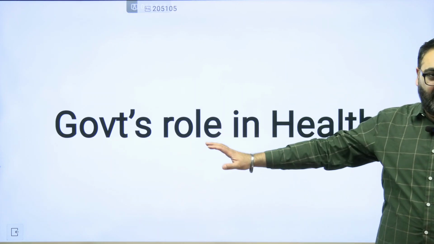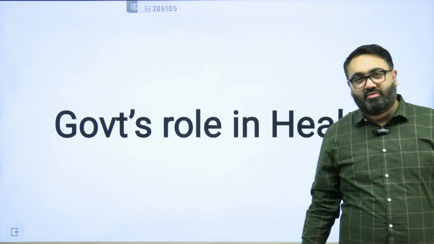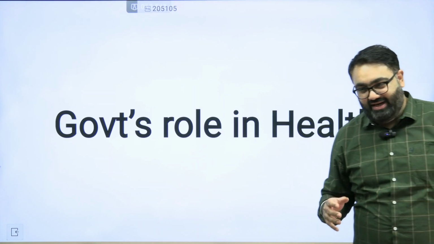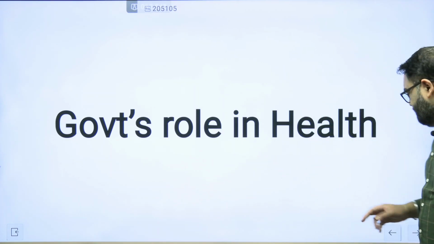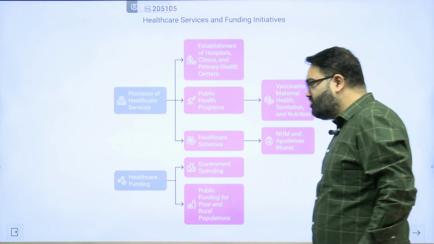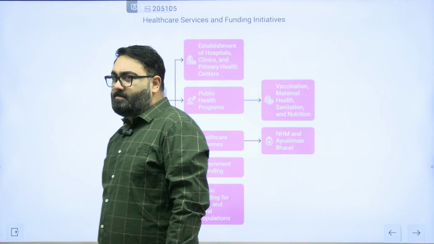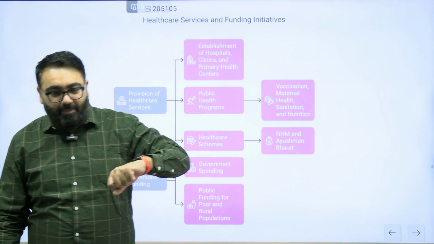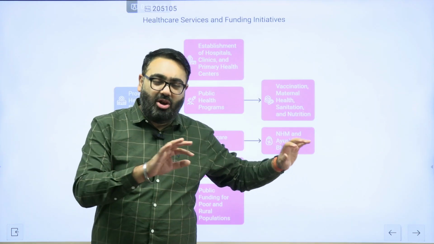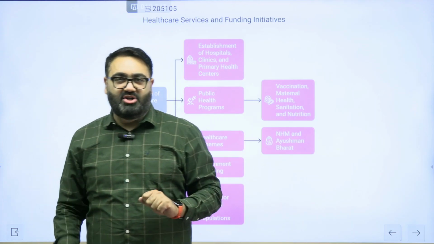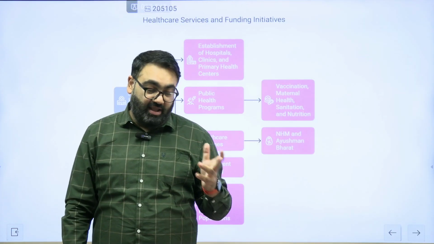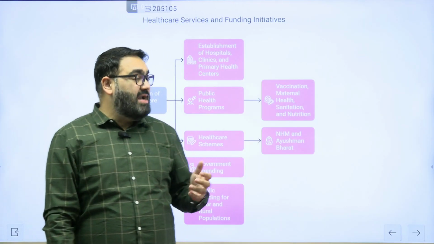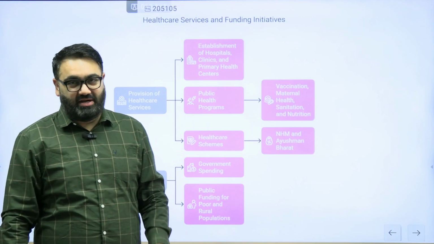Then the health part. What is the role of the government in the health sector, the education thing that we study? In the health sector also, because of the scale of our population and a lot of people not being able to afford private healthcare, most of them are dependent on the government healthcare facilities.